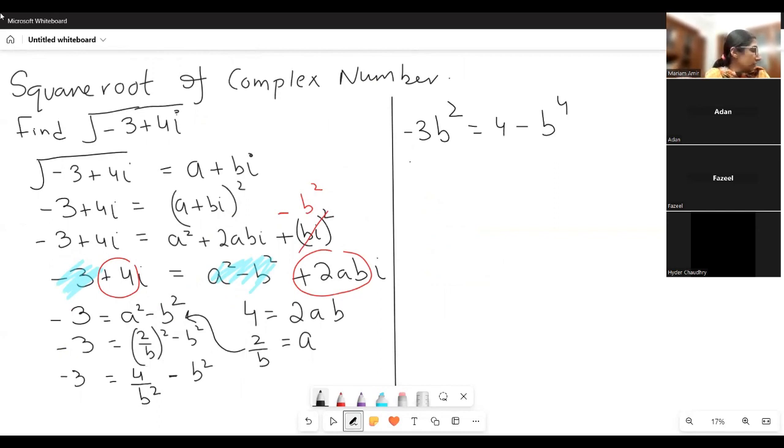So that is b power 4 minus 3b square minus 4 equals 0.